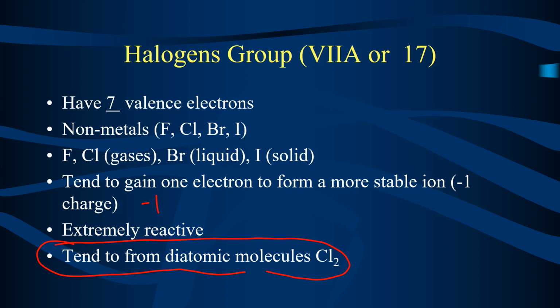Carbon group is group 4A. It has 4 valence electrons. The metals in that group, the things below the metalloid line, tend to form a +2 or +4 charge. They have a varying charge, and I'll do more of that tomorrow.